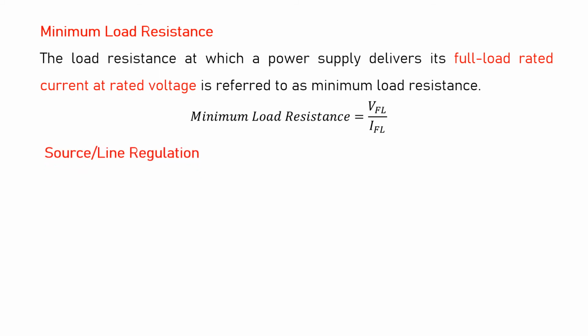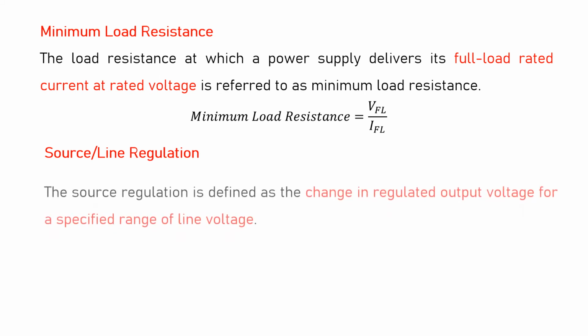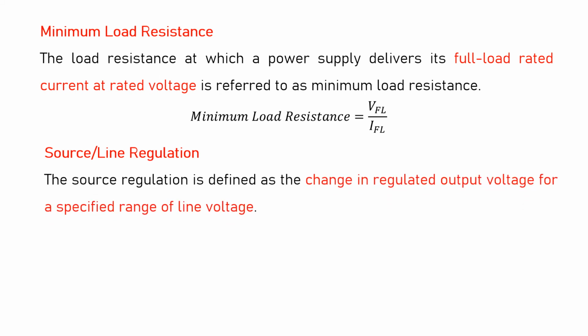The next parameter is source regulation, or line regulation. That is from the input side, which we consider when we use a rectifier circuit. Source regulation is defined as the change in regulated output voltage for a specified change of line voltage. When there are changes in the AC supply, there might be changes in the output voltage also.